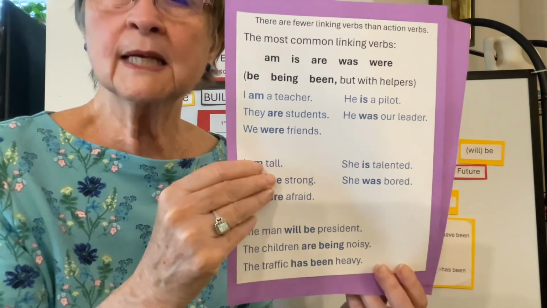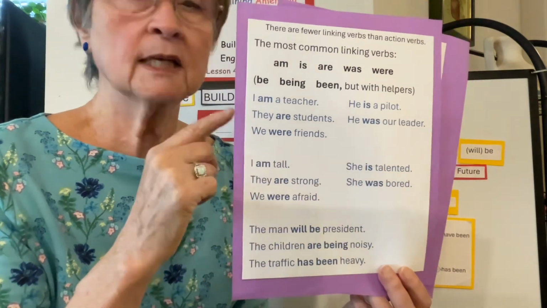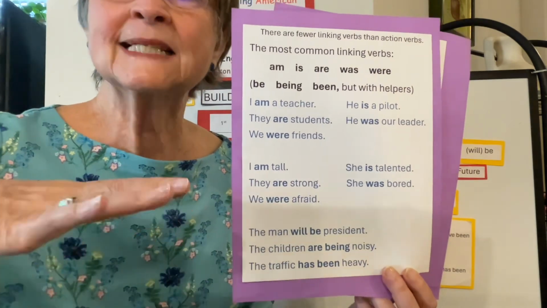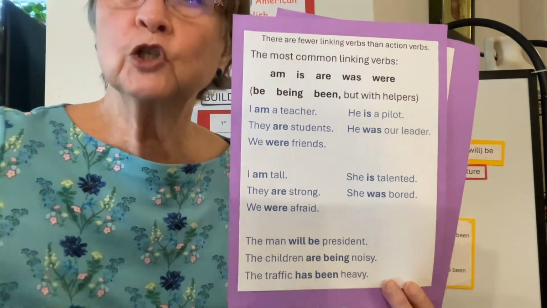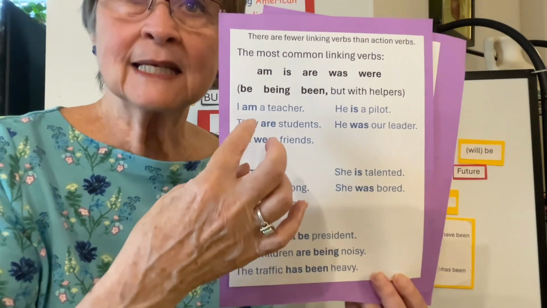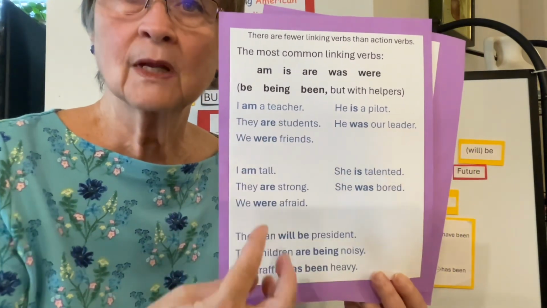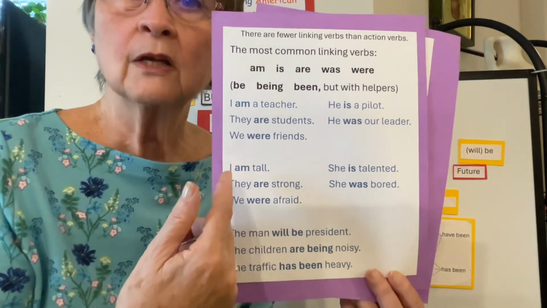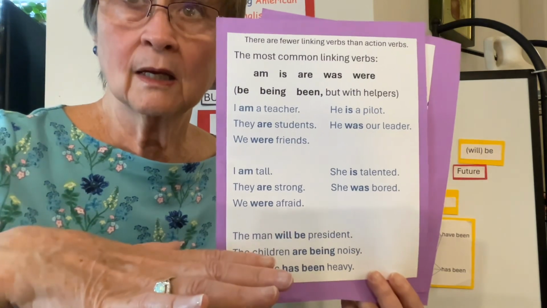Now, all of the linking verbs, including the next ones that I show you, will be talking about it exists. It's not doing something. It exists. I exist as a teacher. I exist in the condition of being tall. So I exist this way.